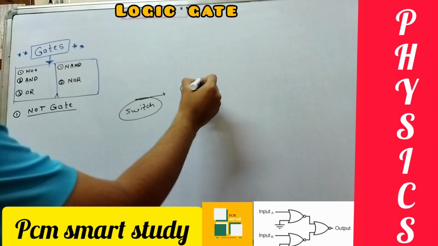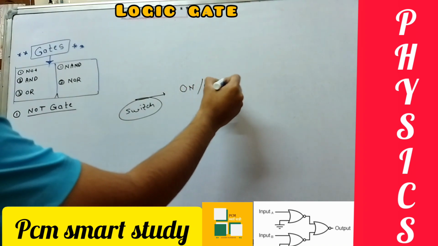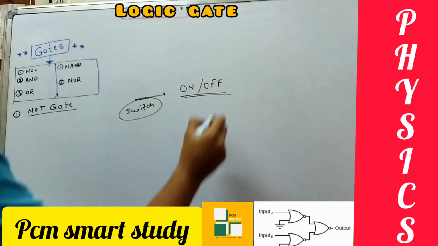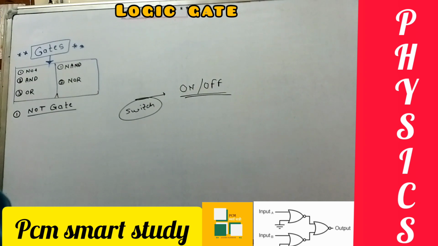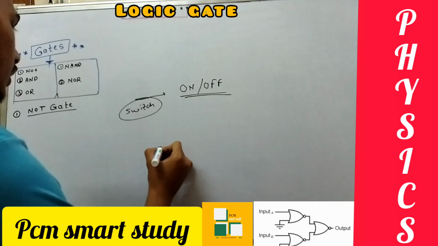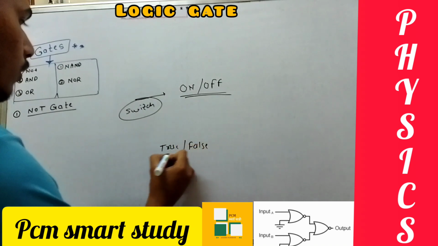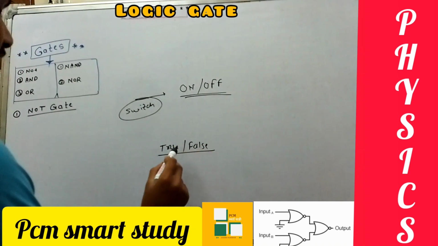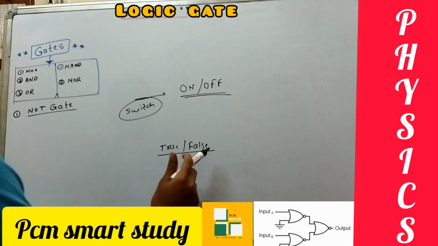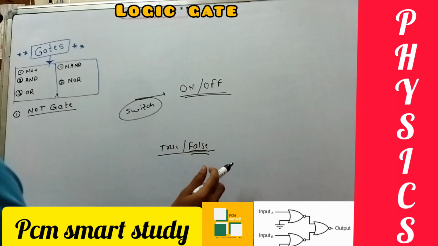Similarly, in logic gates, there are two conditions: true or false. Either it is true or false. In all gates, only these conditions are used. In logic gates, the first gate is the NOT gate.